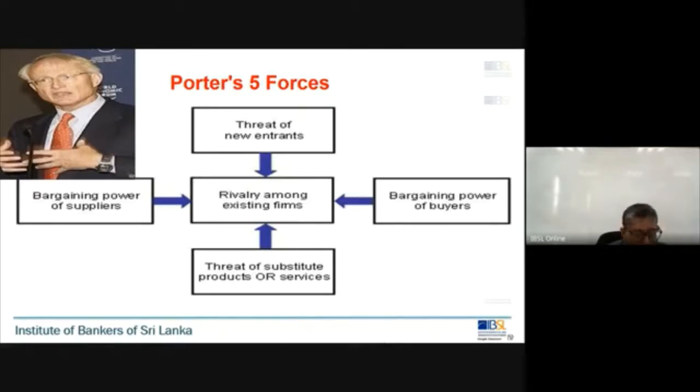So who are the rivals? Mobitel, maybe Hutch, Airtel. Dialog once had an anxious moment, because they got to know that Airtel was going to come into the Sri Lankan mobile market.